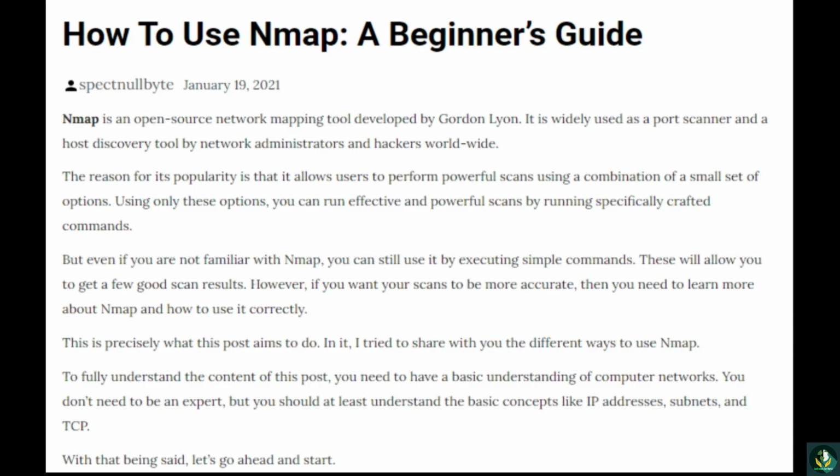Using only these options, you can run effective scans by running specially scripted commands. But even if you are not familiar with Nmap, you can still use it by executing simple commands. These will also allow you to get good scan results. However, if you want your scans to be more accurate, then you need to learn more about Nmap and how to use it correctly.